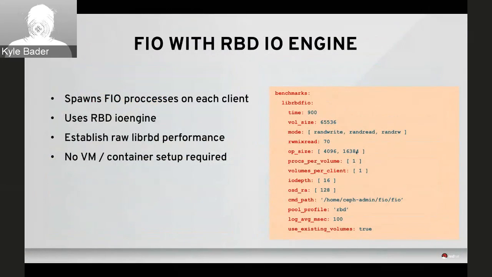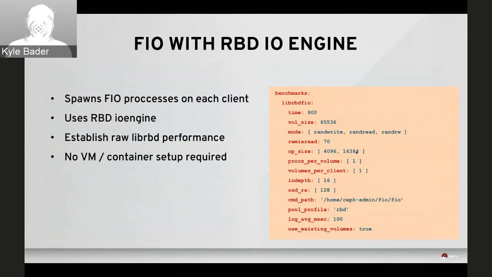And one thing that's useful is use_existing_volumes. You'll have to run one time without use_existing_volumes, because the first time you run without it, it's going to create the volumes, and CBT preconditions all the volumes, right?